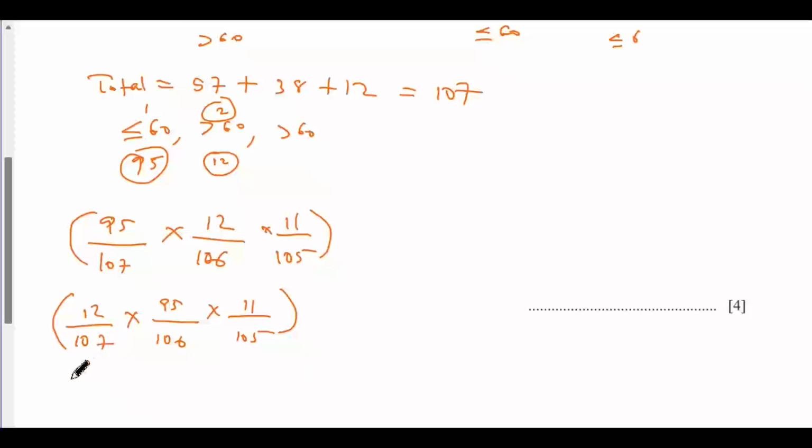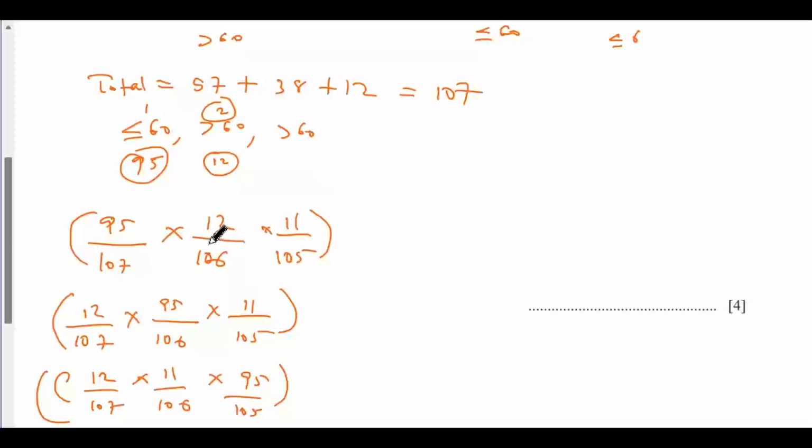The last possibility will be 12 out of 107, selecting from this again, then 11 out of 106, and you are selecting this as the last one, 95 over 105. So this is the third possibility.